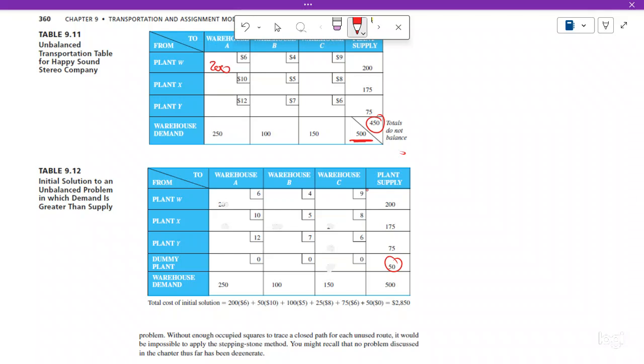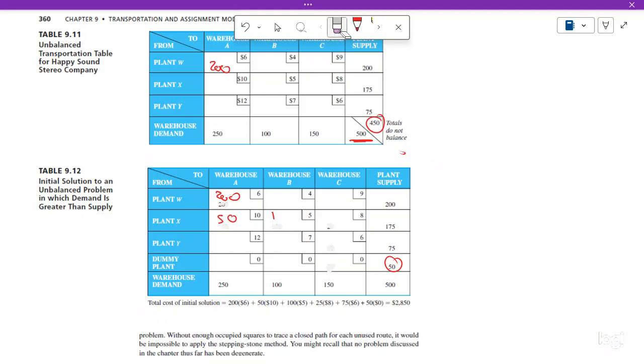So now we are supplying 200. From 200, we need only 150. We need a 50 to make it a 250. Then we are left with 125. 125 is the least. So we only need 100.